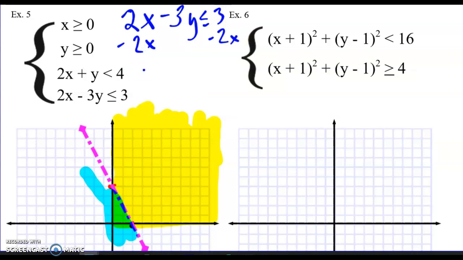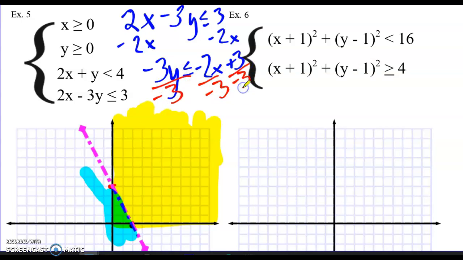And when I do that, I get negative 3y less than or equal to negative 2x plus 3. Then I'm going to divide everything by negative 3. And when I do that, the inequality flips, and I get y is greater than or equal to negative 2/3 x minus 1.